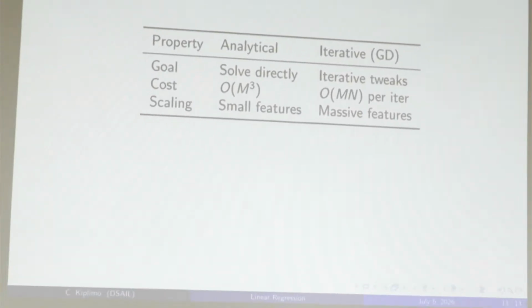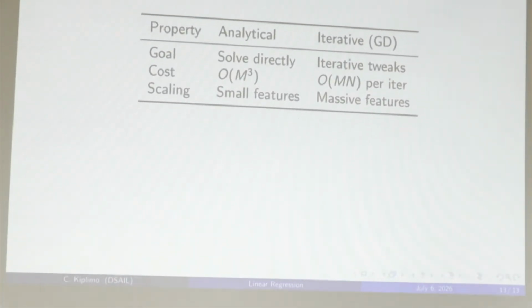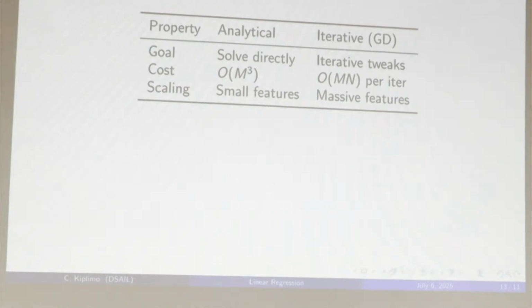I think this idea of gradient descent will become much clearer when you study neural networks. Anyway, in general, we have this linear regression problem. The goal in the analytical approach is to solve directly. With gradient descent, it's iterative tweaks, taking steps slowly until you get to the bottom of the hill.